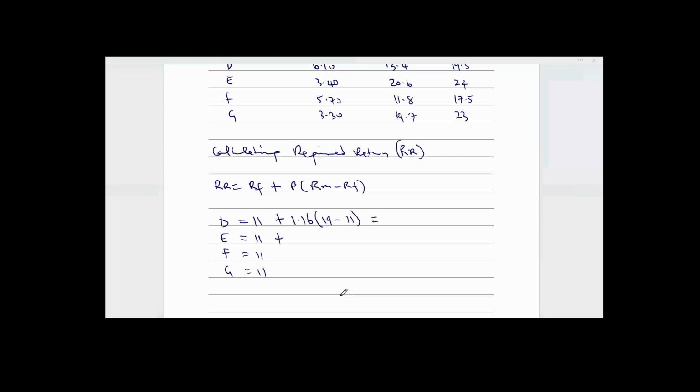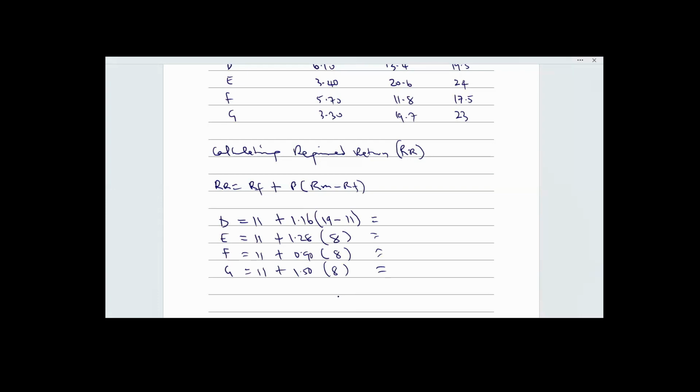Beta of E is 1.28. The difference between 19 and 11 is 8. F is 0.9 and G is 1.50.